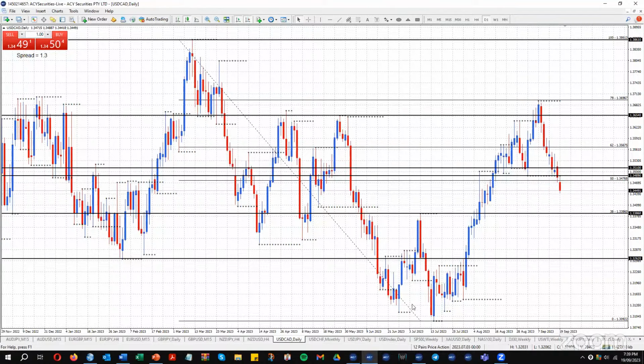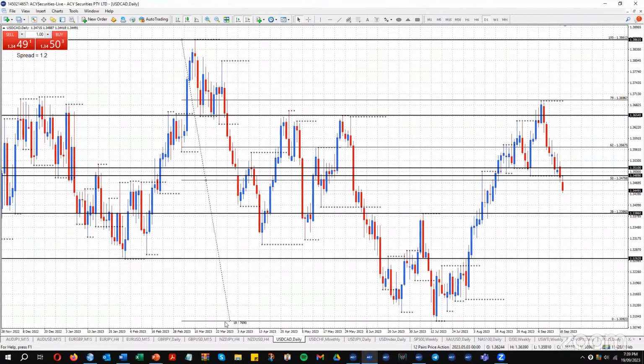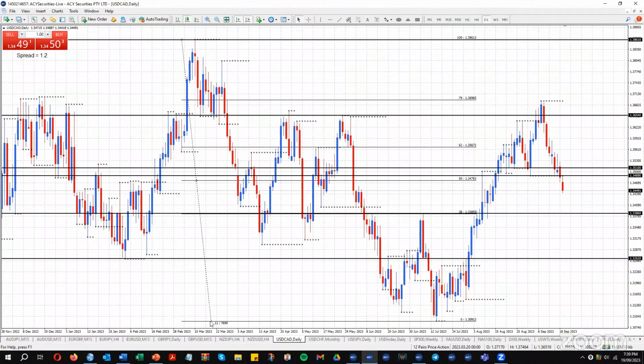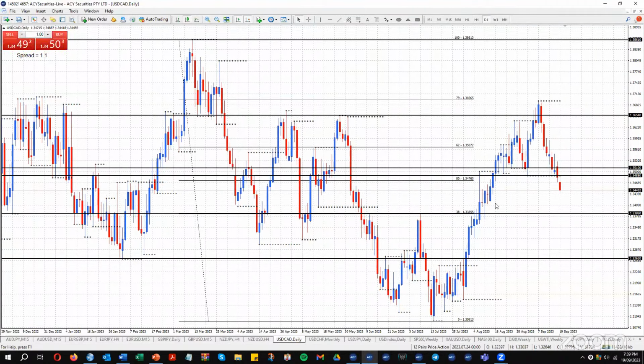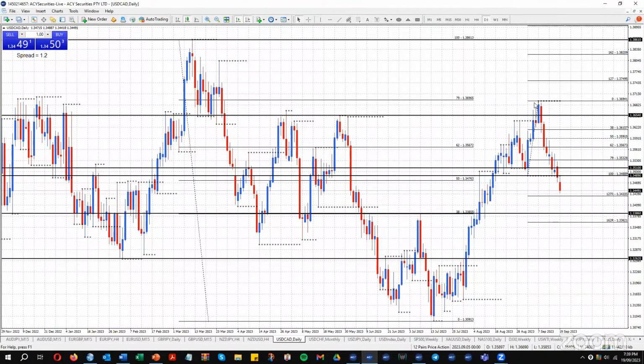Whilst we have this bigger overall fib that's projecting the monthly target, we have this movement down here. This was the uptrend. So what might happen here is, first of all, price moves downwards to the 127 extension here. And then we get a rally.